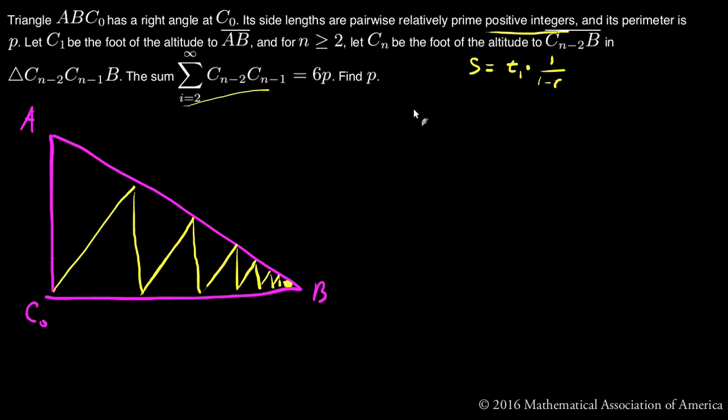But 3 squared is 9, and 9 is 4 plus 5, which means that 3 squared plus 4 squared is going to be 5 squared.